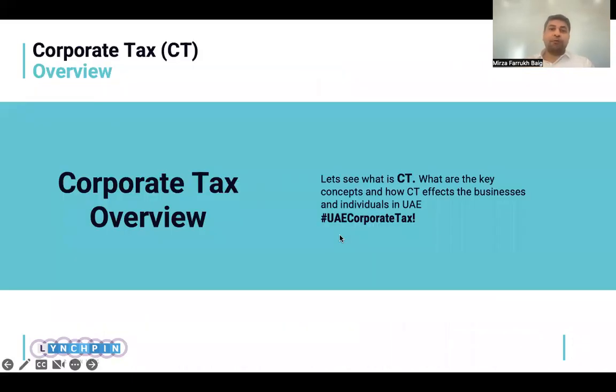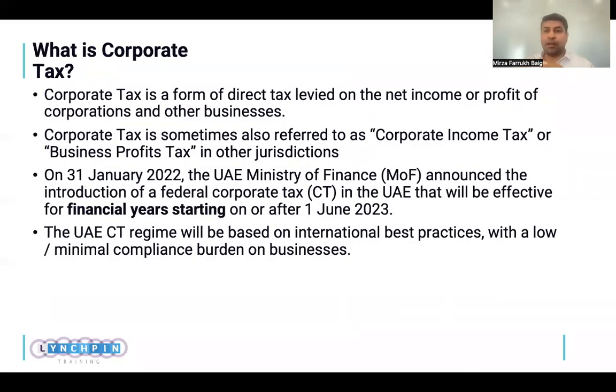If we look at the overview of corporate tax, it was started last year. In Jan 22 the ministry announced the introduction and issued the consultation document at the beginning of last year. The corporate tax will be effective from financial years starting on or after 1st of June 23.